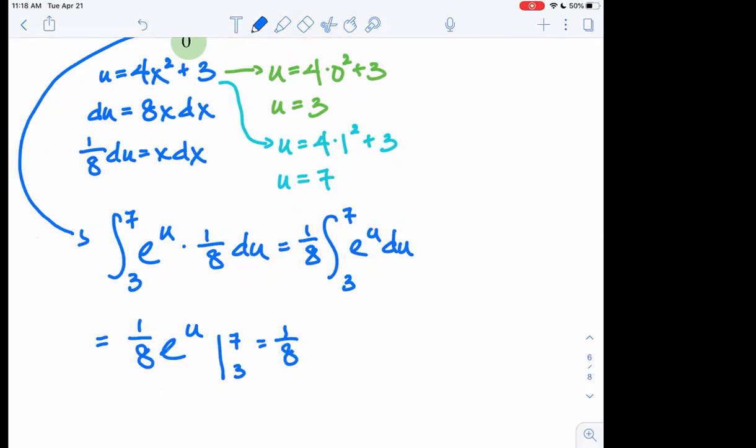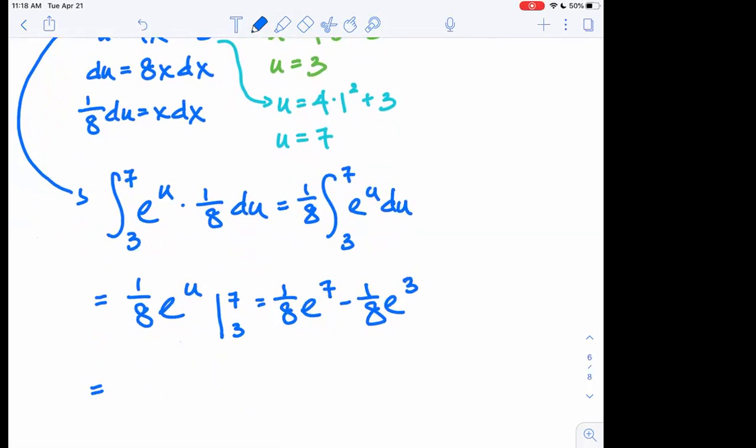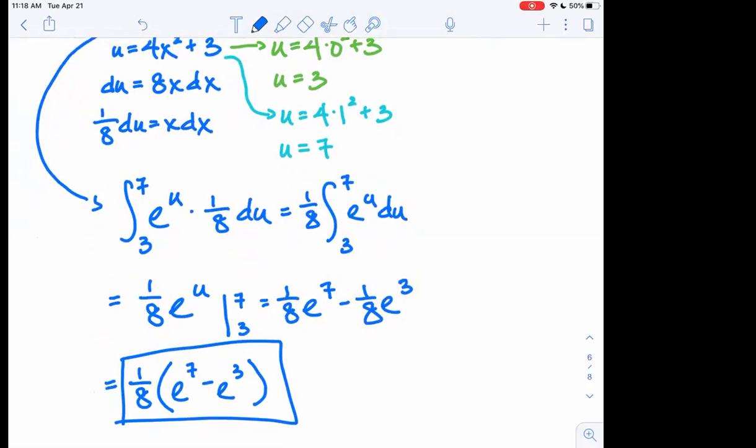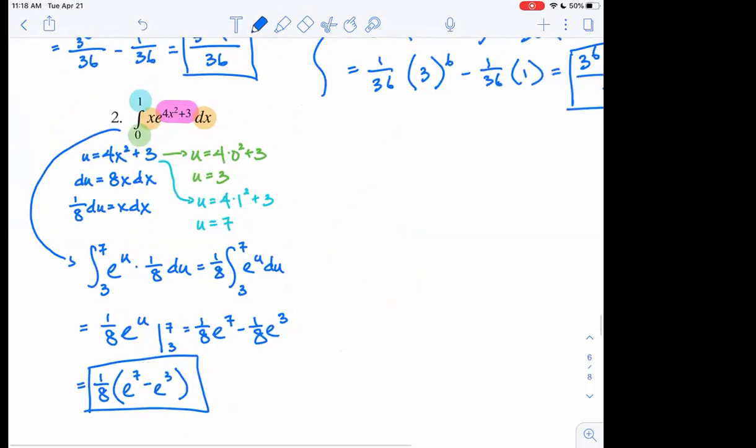So 1/8 e to the 7th minus 1/8 e to the 3. Or I could write that as 1/8 parentheses e to the 7 minus e to the 3. So that is one method to substitute not just the functions, but also the bounds.